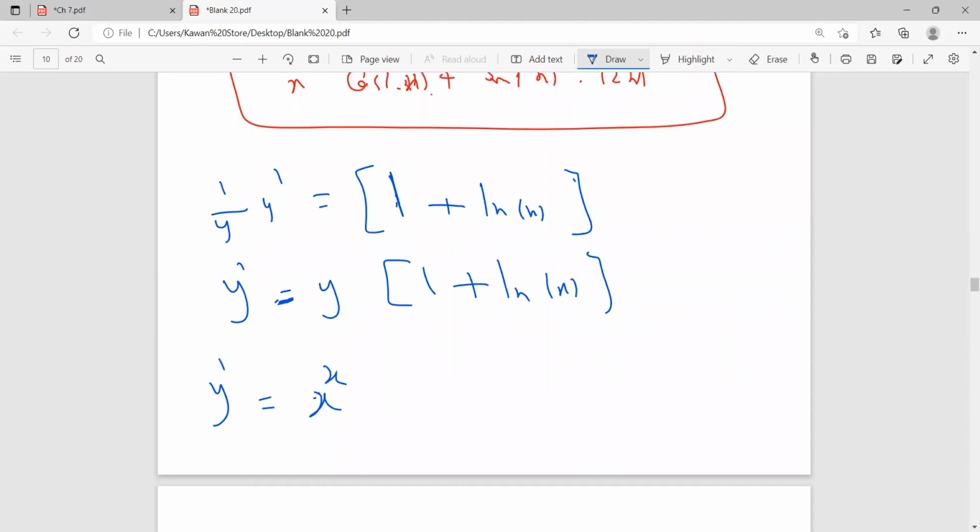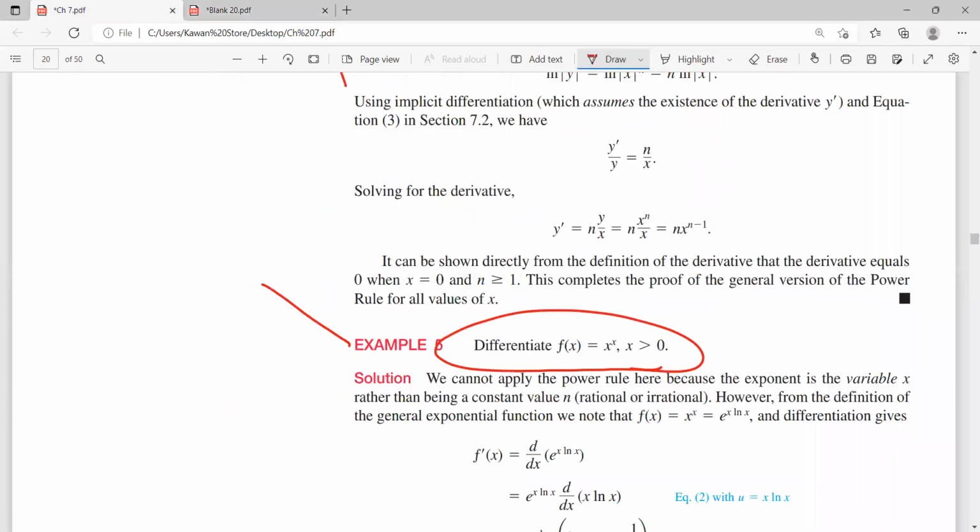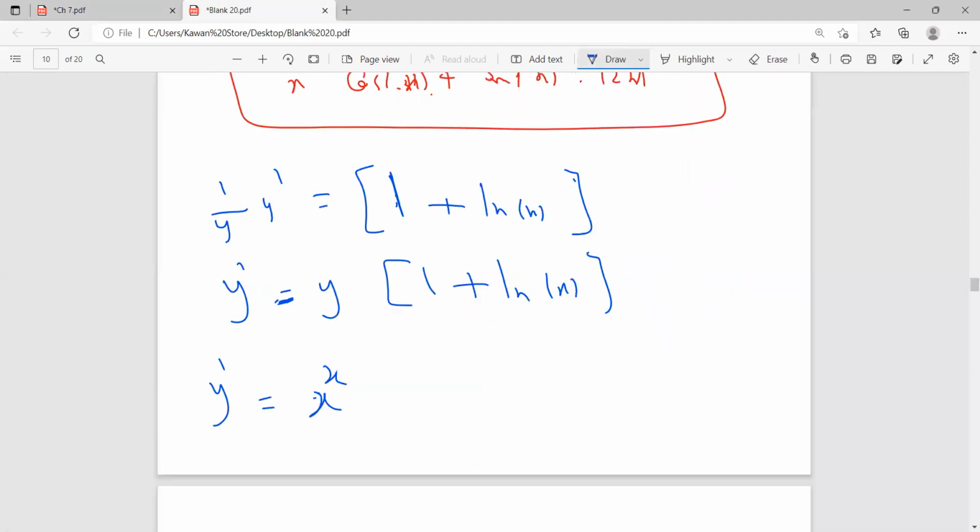My question was x to power x. Understood? So y is x to power x, my example was like that. That's why I substituted here. So y prime equals x to power x, multiplied by 1 plus ln of x. Then later you can multiply it out or not. It's a simple way.